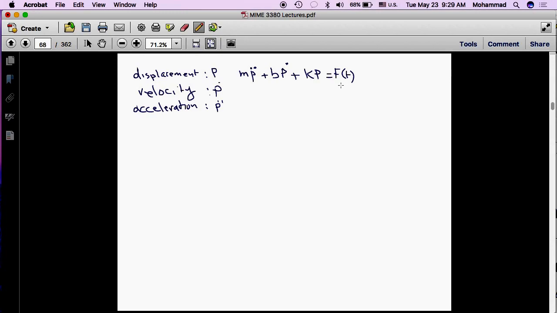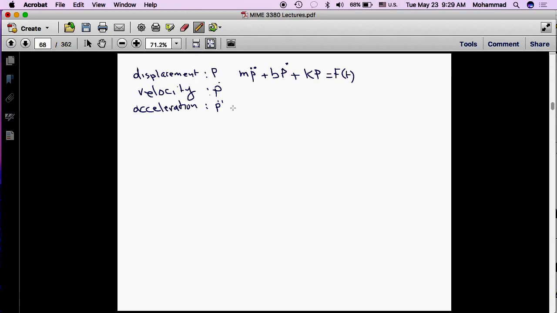And I'm not going to write t anymore. I'm just trying to say that all of these variables are functions of t. So p, of course, is a function of t, p dot is a function of t, and p double dot are functions of time. Okay, what is our goal? What are we trying to do? We're trying to take this second order differential equation and turn it into a state space model.